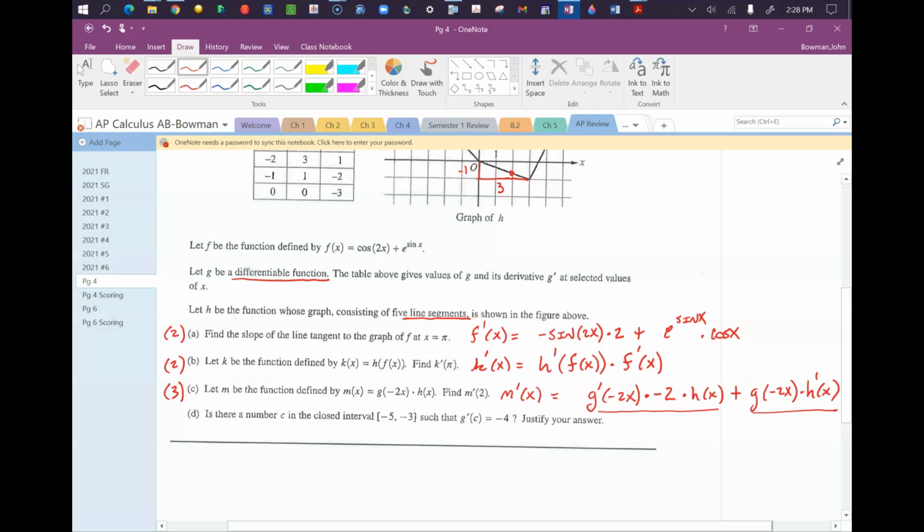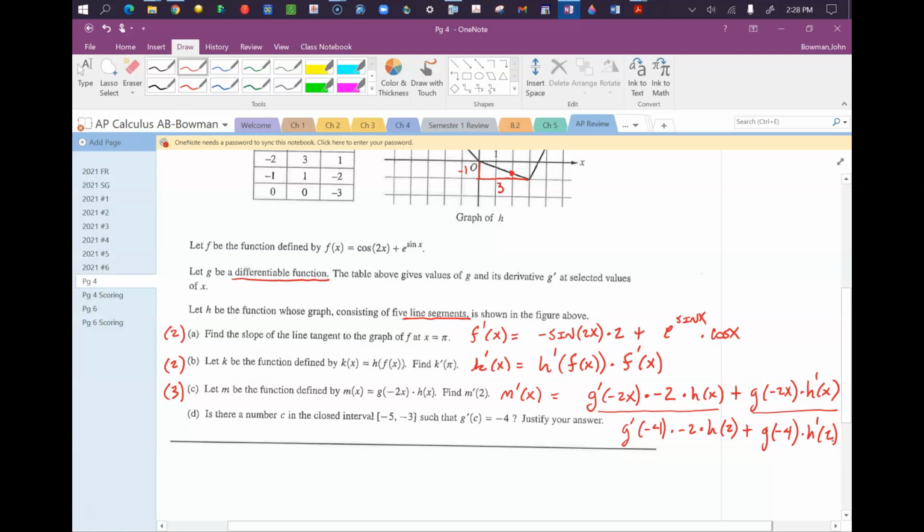The third point is you have to find m prime at 2. So you need to plug 2 in everywhere for x. So you're going to have g prime of negative 4 times negative 2 times h of 2 plus g of negative 4 times h prime of 2.